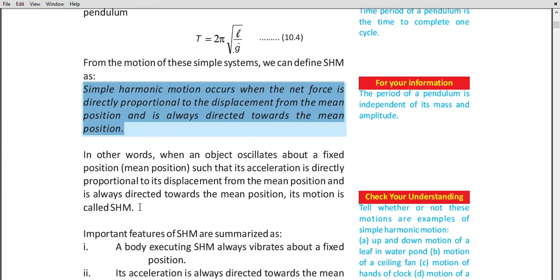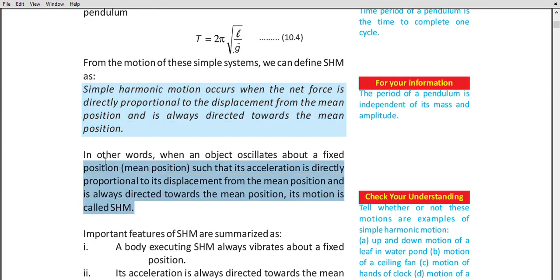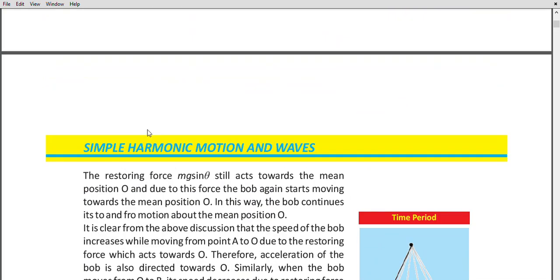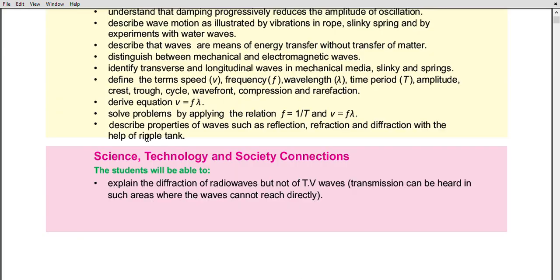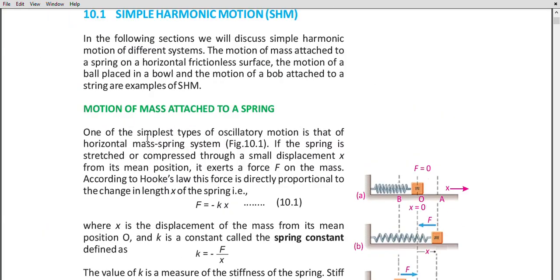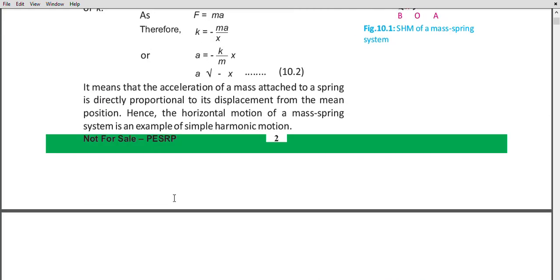Further discussion of this topic will be done in the next lecture. What you have to do is read these three examples by yourself. The first one is motion of a mass attached to a spring, and this is on page number 2.